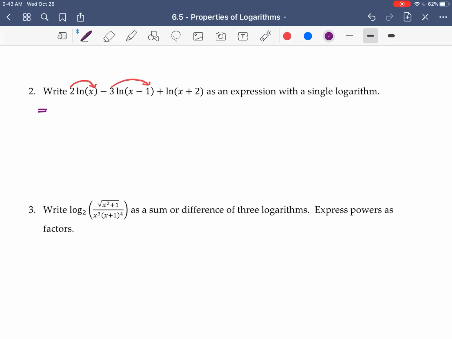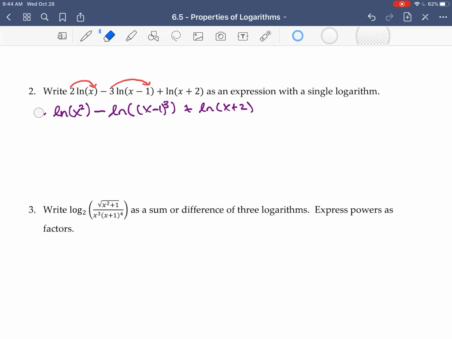So this is going to be ln of x squared minus ln of x minus 1 cubed plus ln of x plus 2. This is equal.